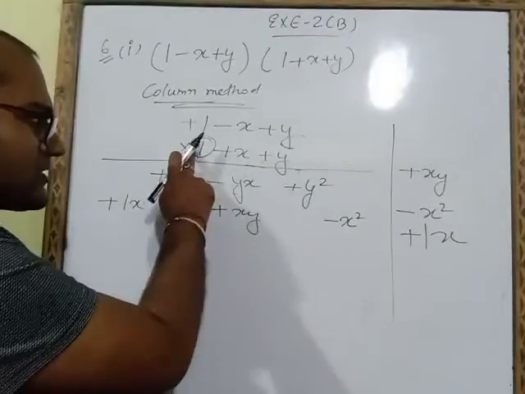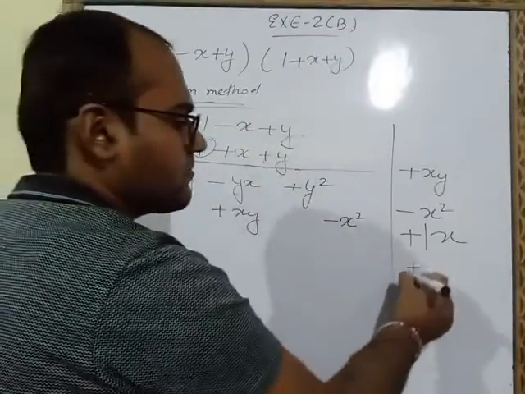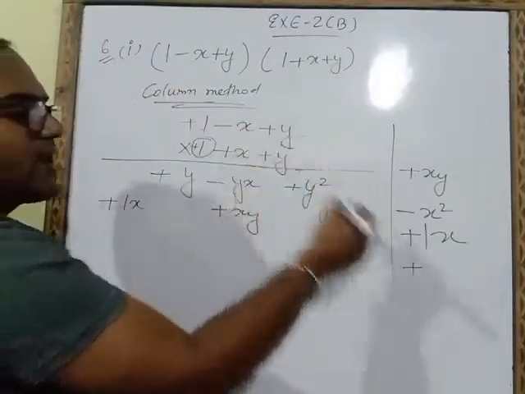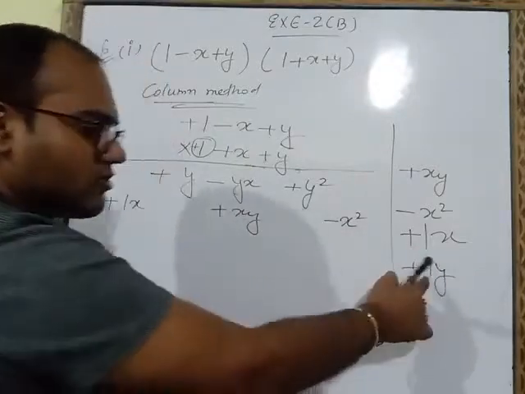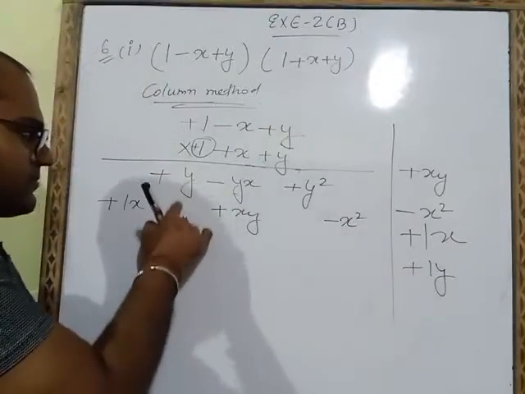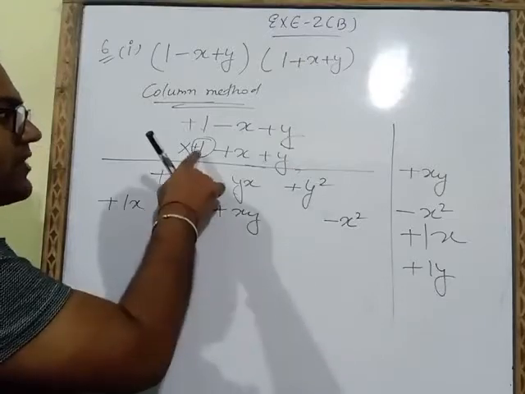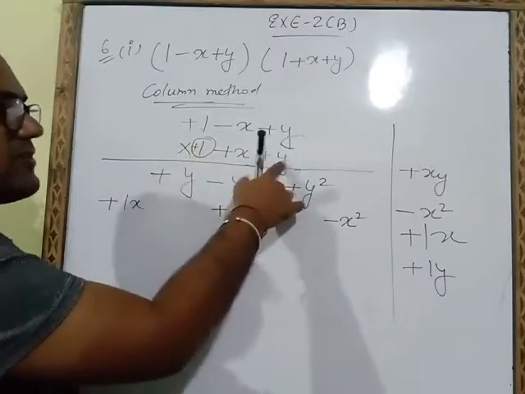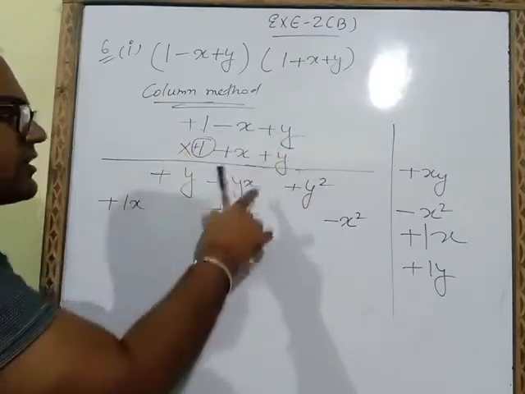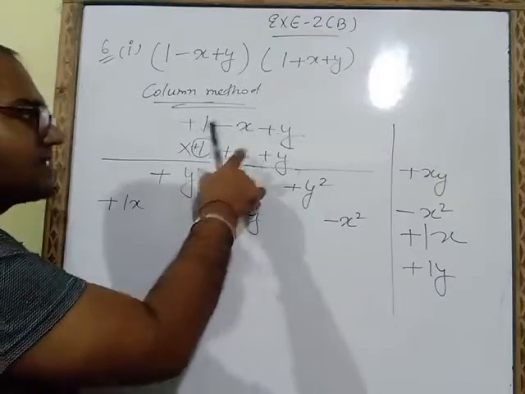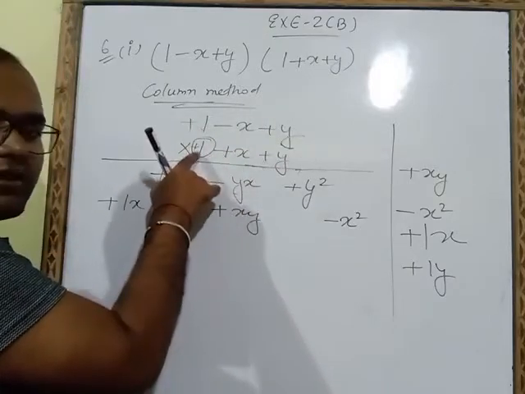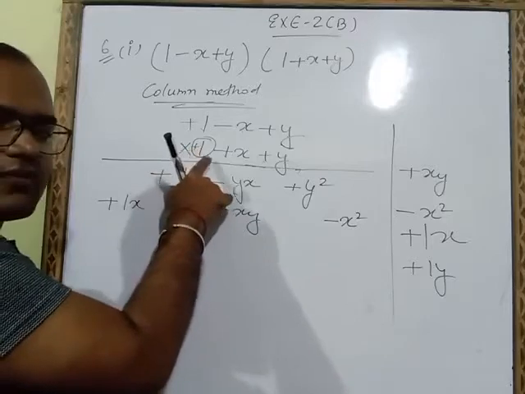Now plus multiply plus, answer will be plus. 1 multiply y, answer will be 1y. So we will write this 1y here in the third line. First we had multiplied y with all the three. After that we had multiplied this x with all the three. Now we are solving for 1.